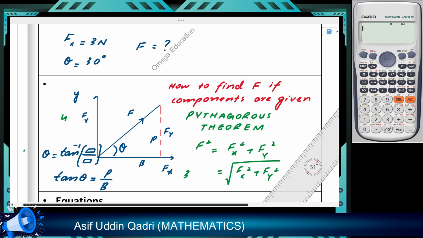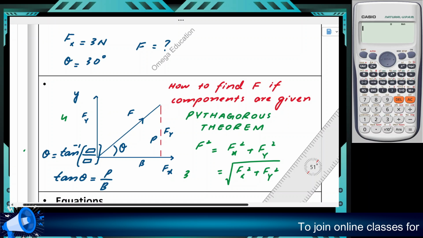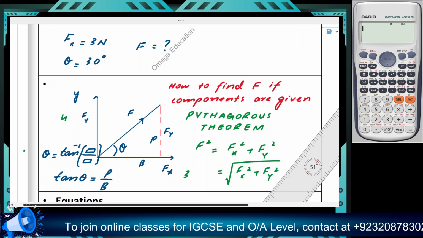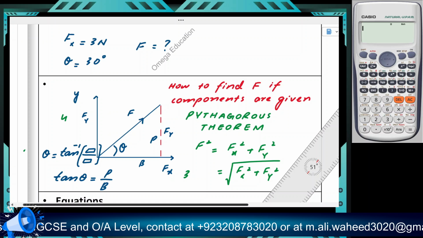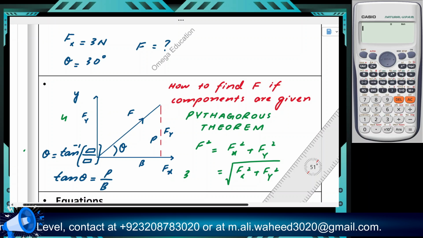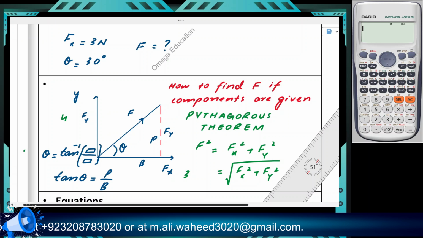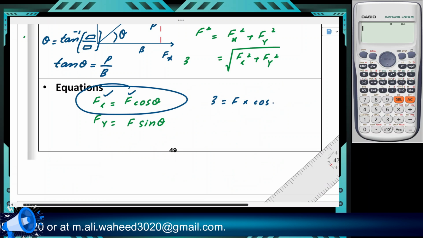I mean, we studied this expression, fx equals f cos theta. What do we have? Don't we have the value of fx? We do have, which in this case was 3 Newton. F, the vector itself, needs to be found out, so we write it as it is. Then cos of the angle theta. Don't we have the value of the angle theta? We do have the value of angle theta.